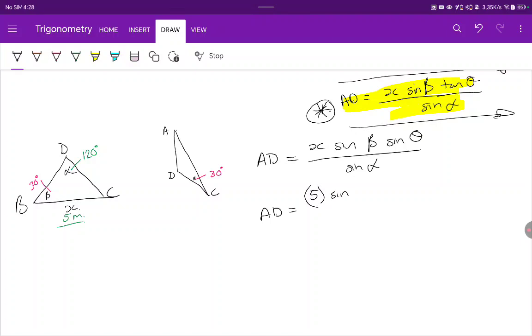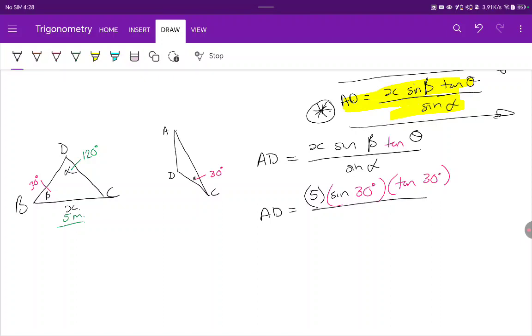multiplied by sine of beta, and our beta is 30 degrees. Multiplied by that. And then theta is going to be sine of, not sine, tangent. Tan of 30 degrees. So this one is tangent.